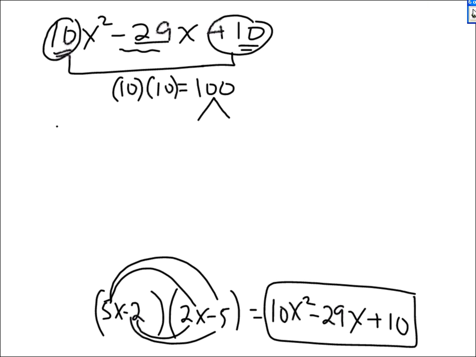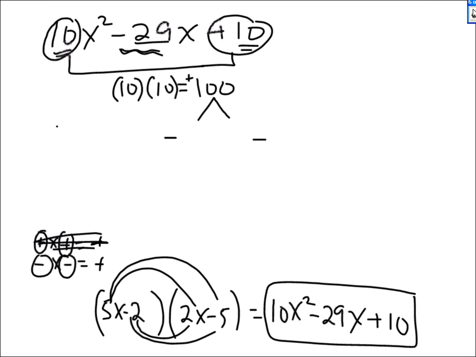And if the two numbers multiply out to 100, that is positive 100, either they're both positive or they're both negative. But when you add the two numbers, you're supposed to get negative 29. You can't add two positive numbers and get a negative. But when you add two negative numbers, you get a negative. The two numbers are negative.